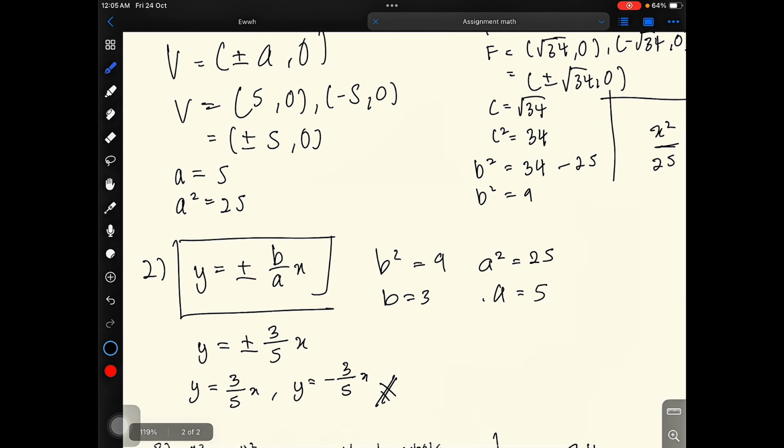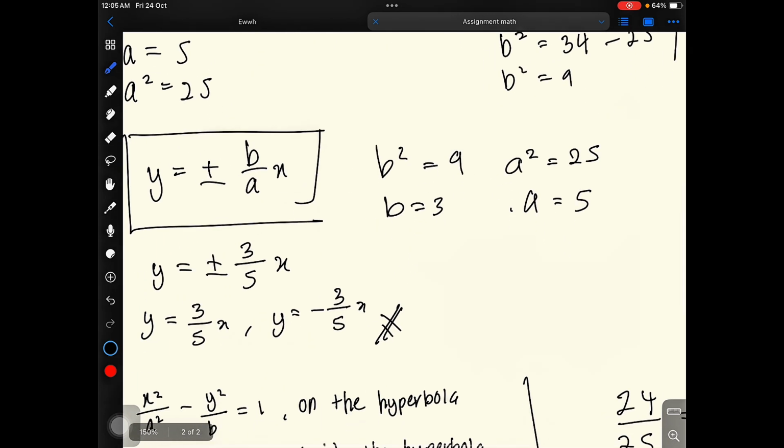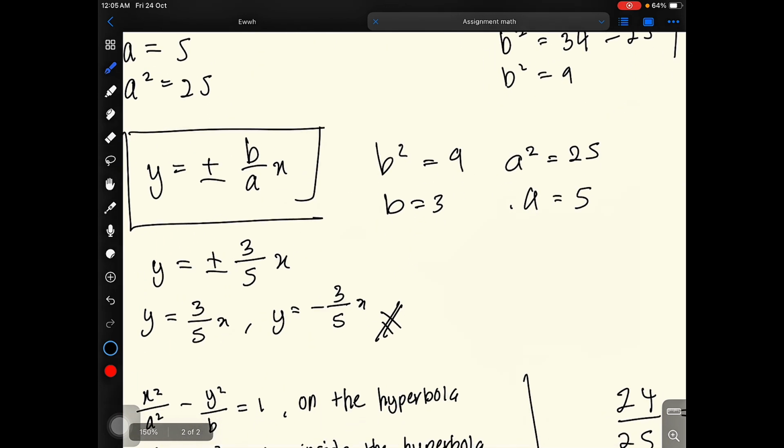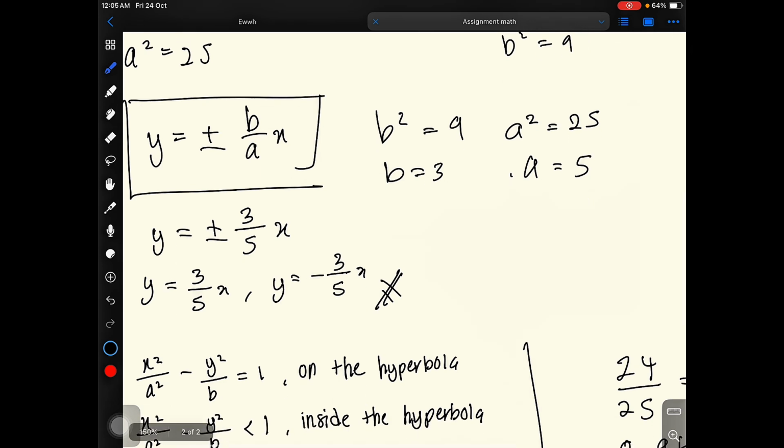We substitute the information that we got, and we will get y equals plus or minus 3 over 5 x, and we will get two equations, which are y equals 3 over 5 x and y equals negative 3 over 5 x.